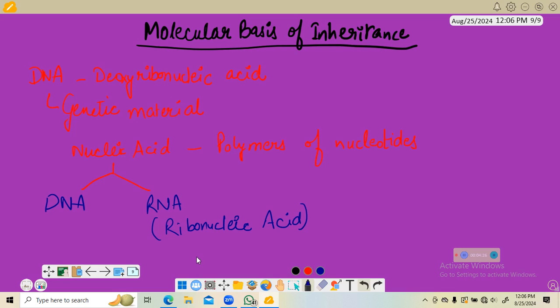DNA acts as genetic material in most organisms. But if I talk about viruses, in viruses the genetic material is RNA. RNA functions as an adapter, structural, and in some cases as a catalytic molecule.